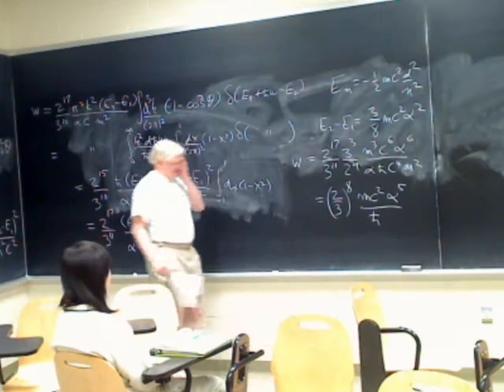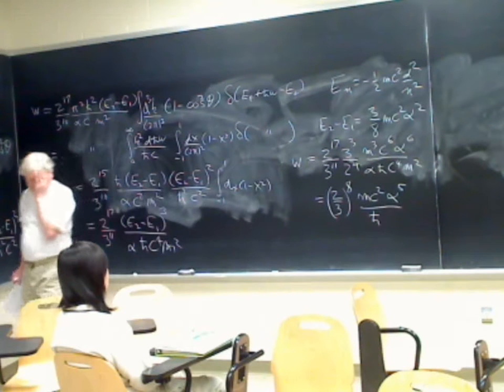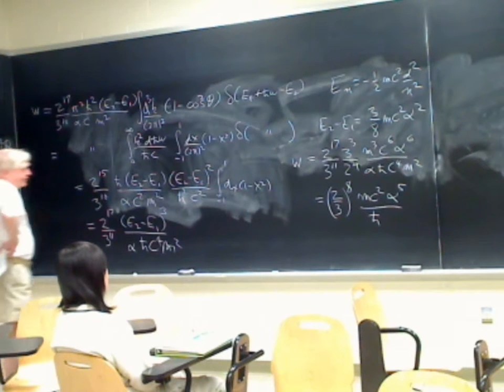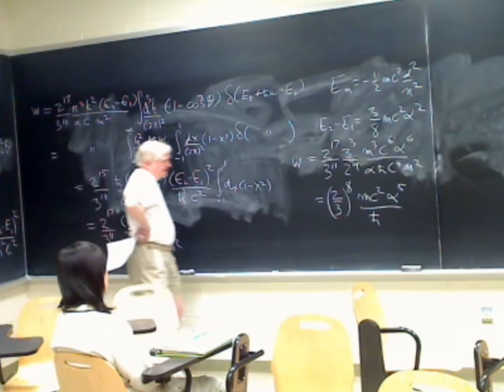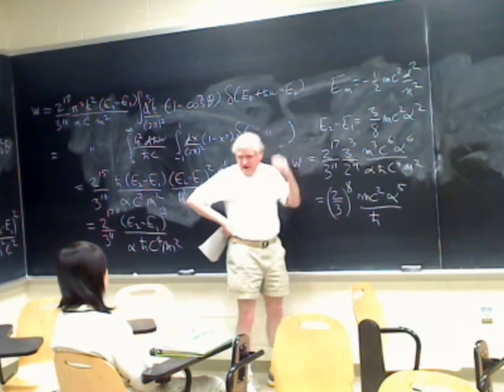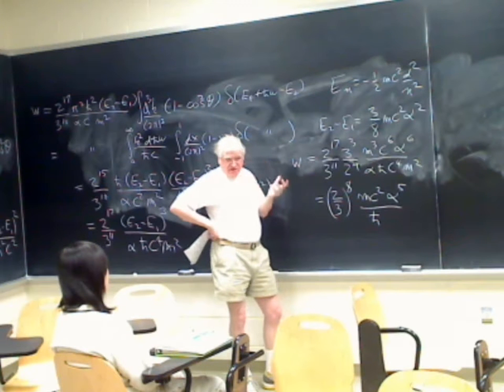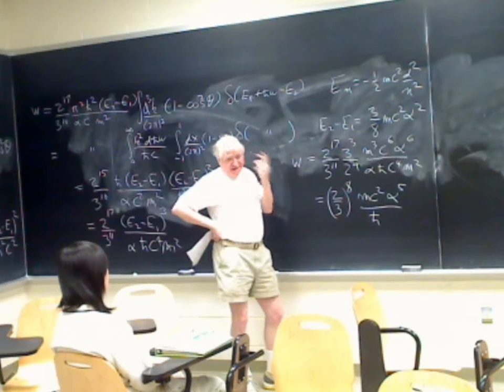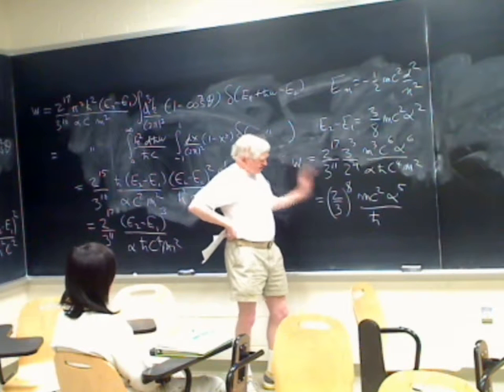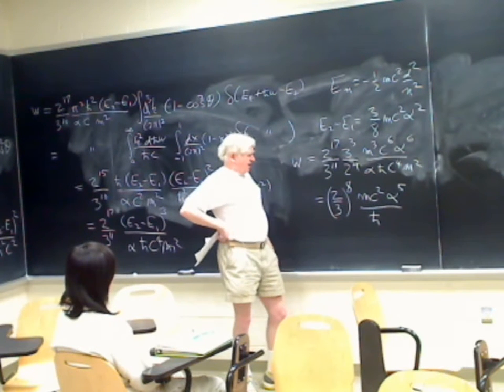Now, the thing that has struck me repeatedly over the last half hour as I was writing these expressions is how, because the system is quantized and because the hydrogen atom has not only spherical symmetry but also a hidden symmetry, so it has an extra symmetry, the formulas are particularly simple.